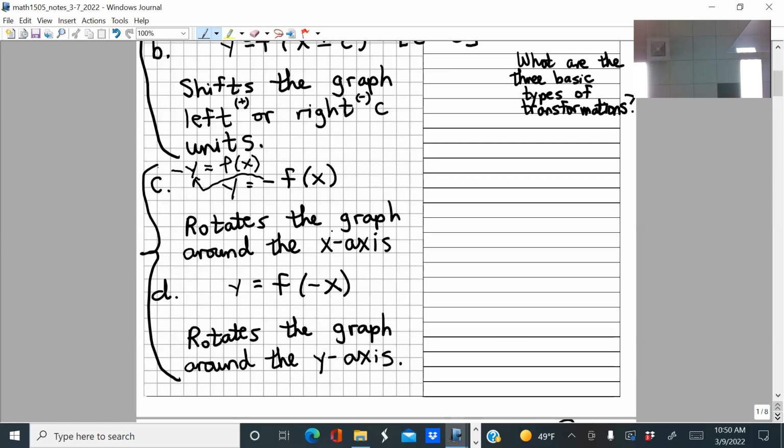So it's really just a matter of multiplying y by a negative or multiplying x by a negative. If you multiply y by a negative, you're rotating around the x-axis. If you multiply x by a negative, you're going to rotate around the y-axis. That's the second big category of transformation, called a rotation.